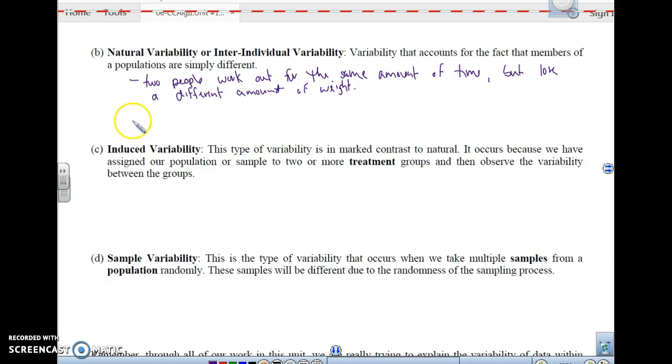Okay, for example, also another example, say you have two plants and you give them the same amount of light and water. But will they always grow to the same height?